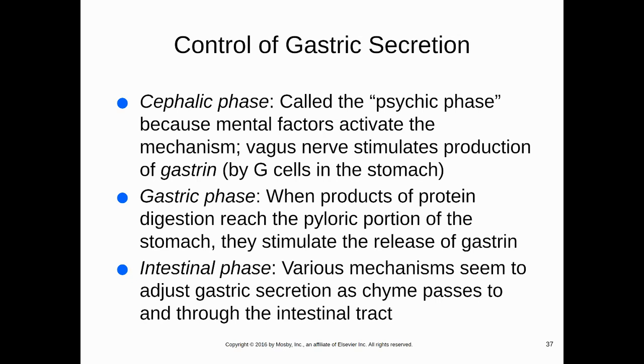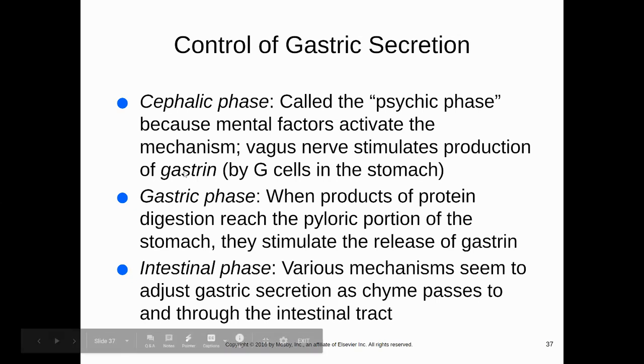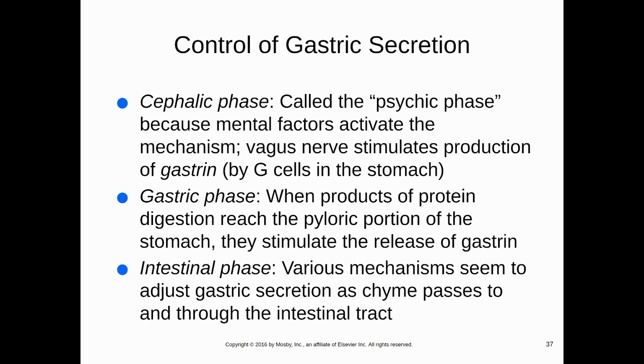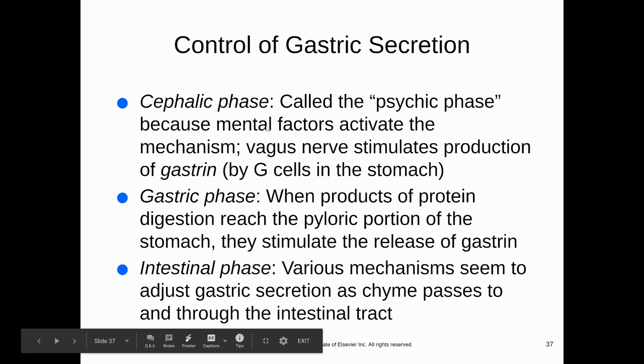When we talk about the gastric secretion, we're going to have 3 different phases in which we can regulate our gastric juice secretion. The first one is the cephalic phase.